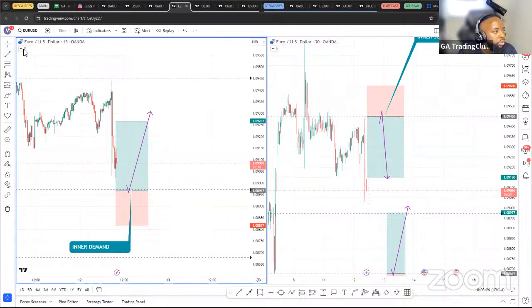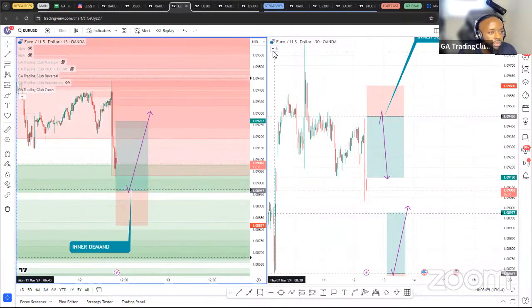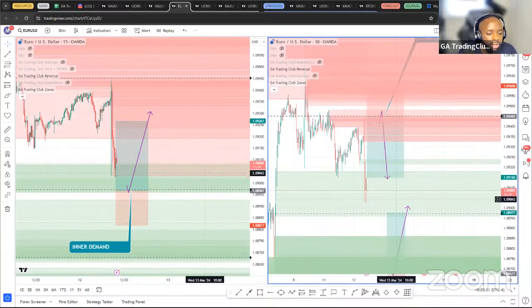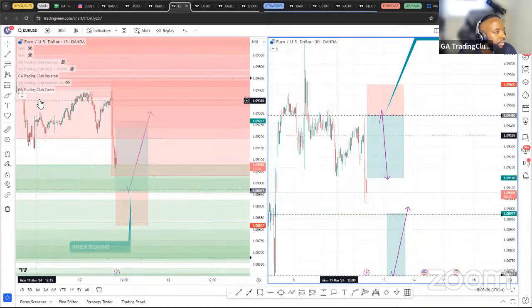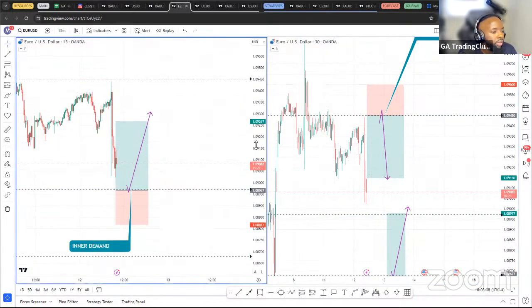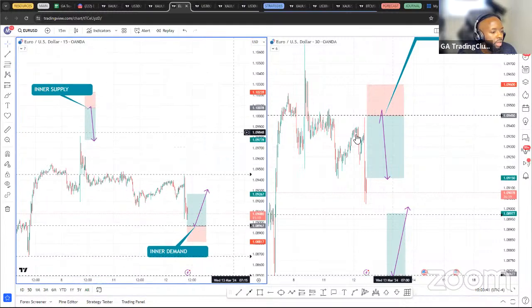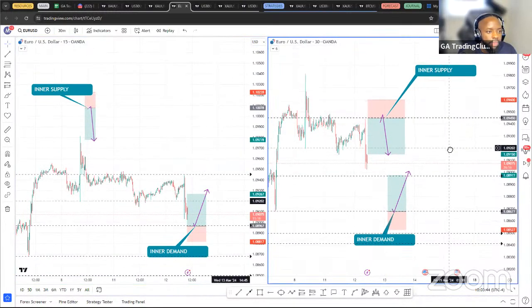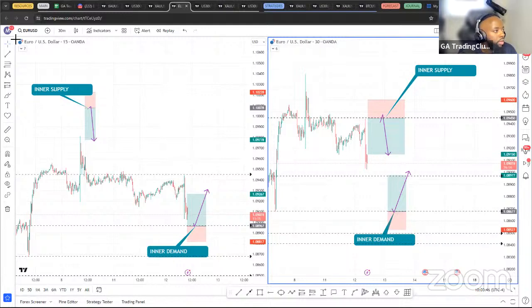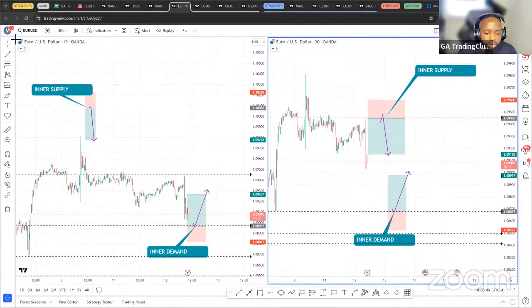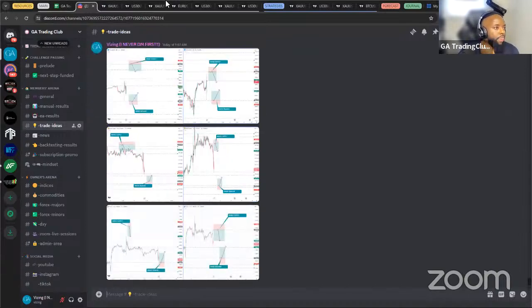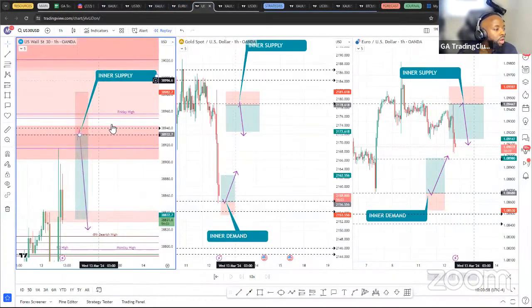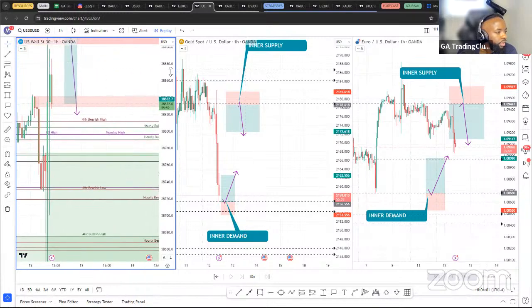And EU, again, make sure that those zones are still valid before I send that. Yeah, so EU is looking good. Hourly time frames.